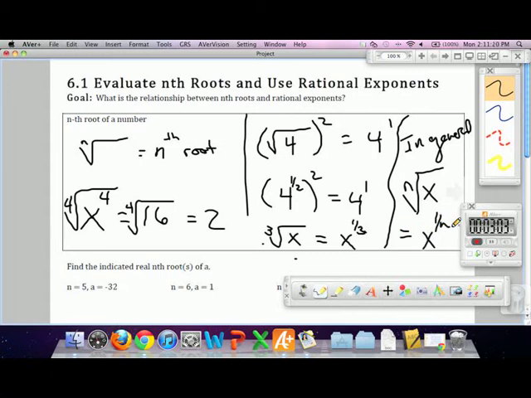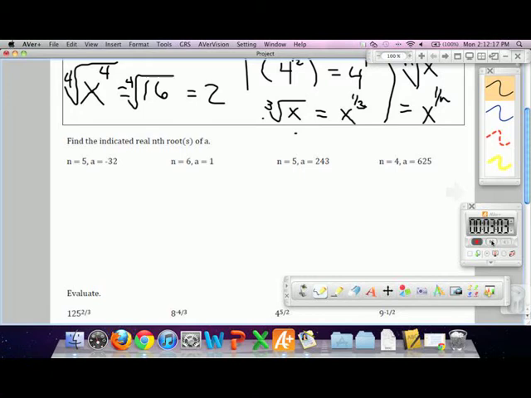Here are some nth roots you should be able to calculate without too much trouble. I'll give nice round numbers. For example, what times itself 5 times is -32? -2.